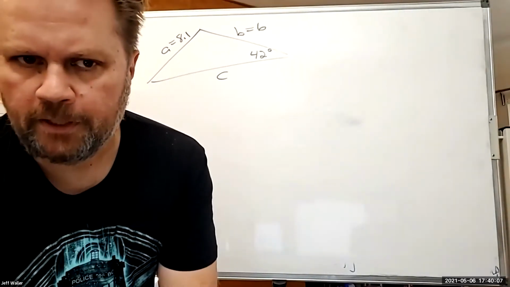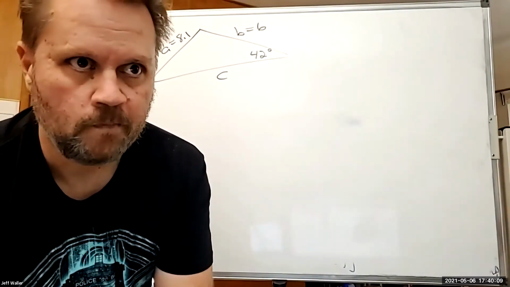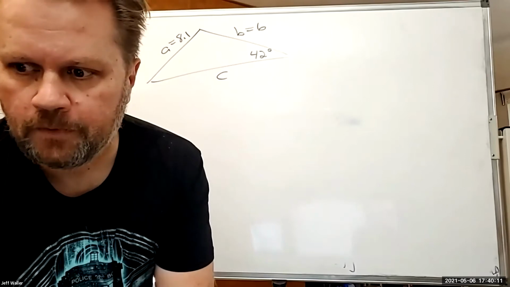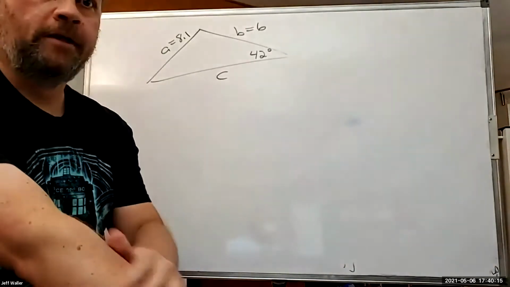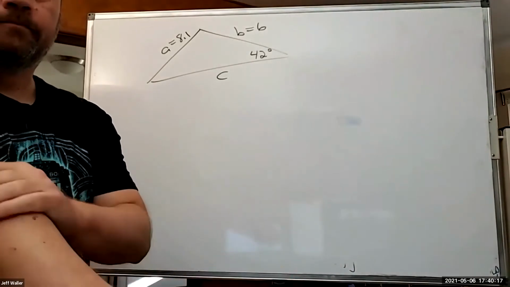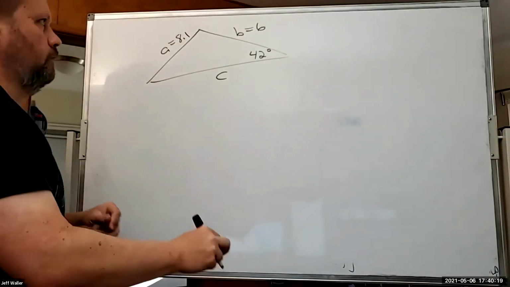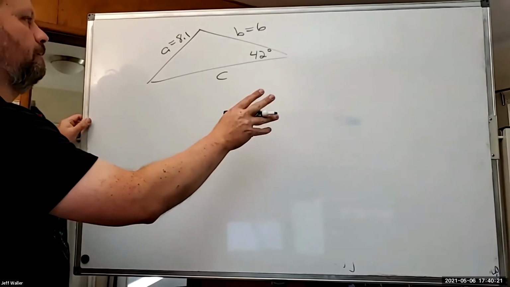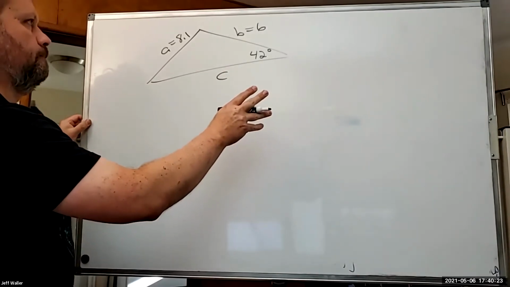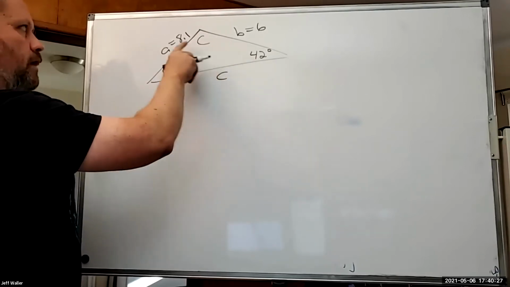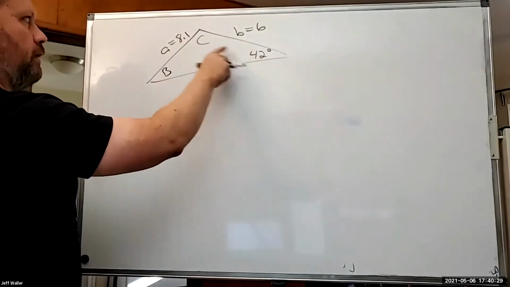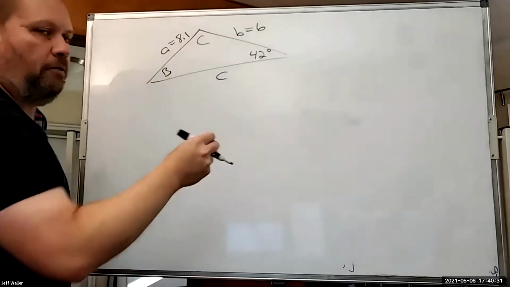Now, can somebody tell me what law I should use for this? Which law is going to work? Sine. Yeah, law of sines. Why? We have one complete pair. I got a complete ratio I can make. I really want you guys to understand.